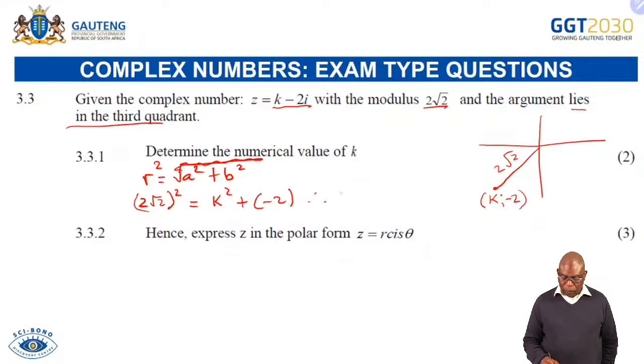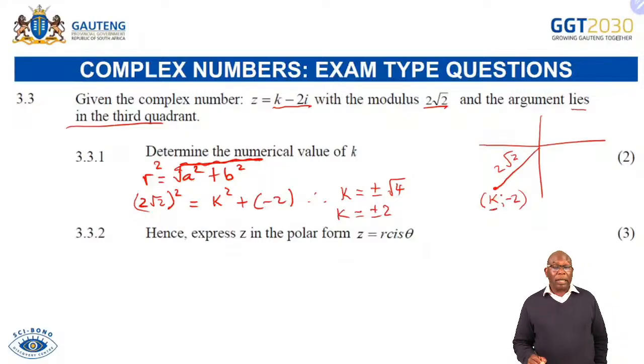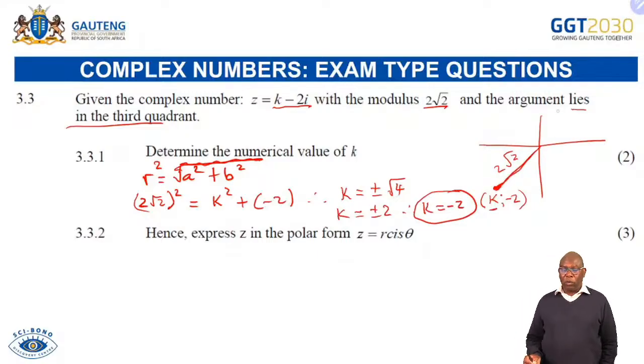So if I work this one out, my k will be plus or minus square root of 4, and k is equal to plus minus 2. But in this case here, I can see k cannot be 2. So therefore, my k will be equal to negative 2. I'll choose this one. The reason is, it is in the third quadrant, I'm told. Therefore, the k value will be negative 2. And it says, hence express this in this form.